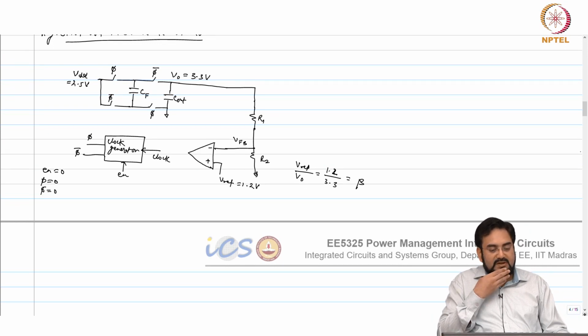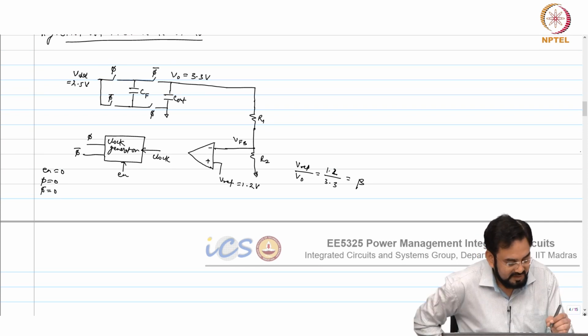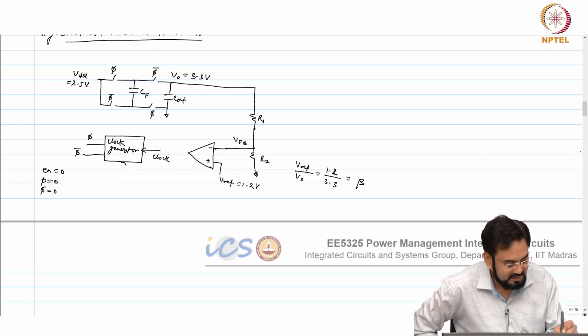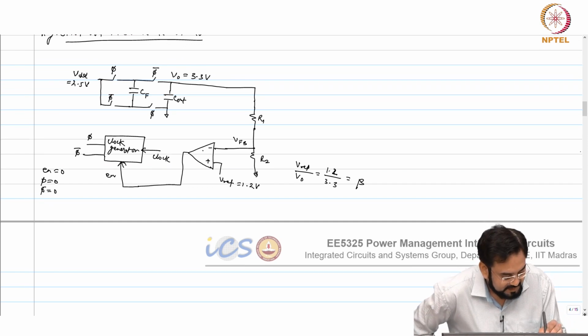What do I need to control? It will go here and control your enable. And this is a hysteretic comparator.